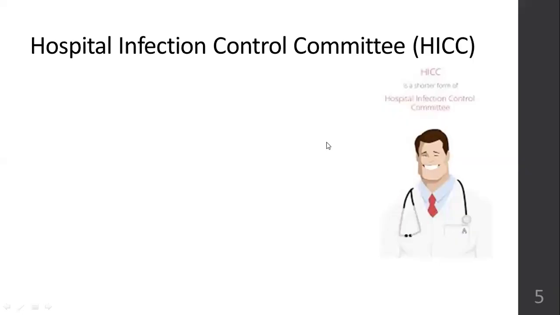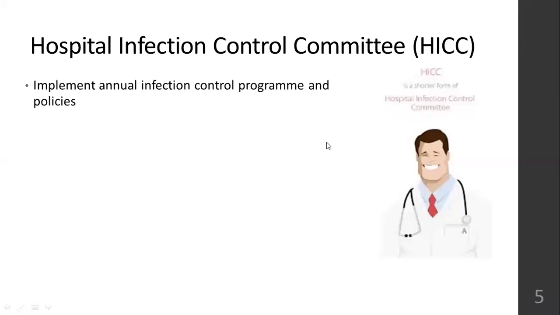And then we'll have a committee as well. There is a hospital infection control committee. Their role is to implement the annual infection control program and policies. That is the main role of the hospital infection control committee, based on the policies that come out from WHO, World Health Organization, and CDC, Center for Disease Control.